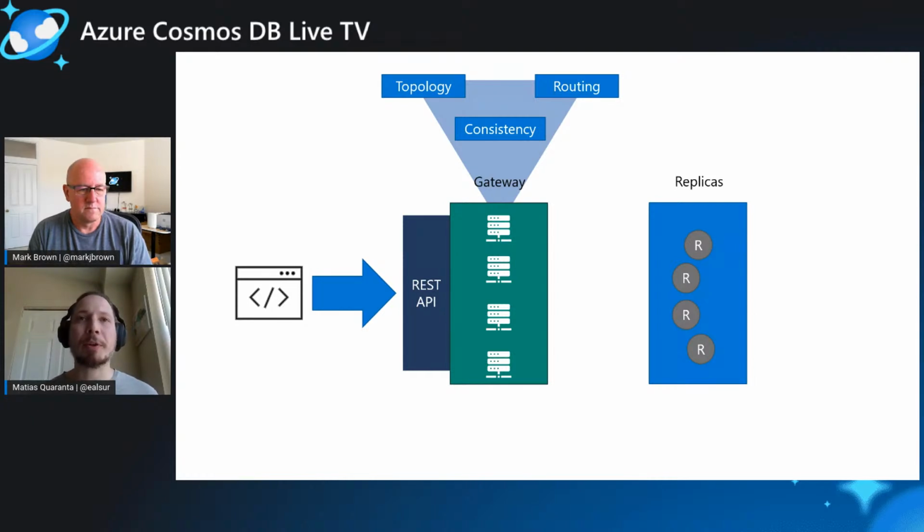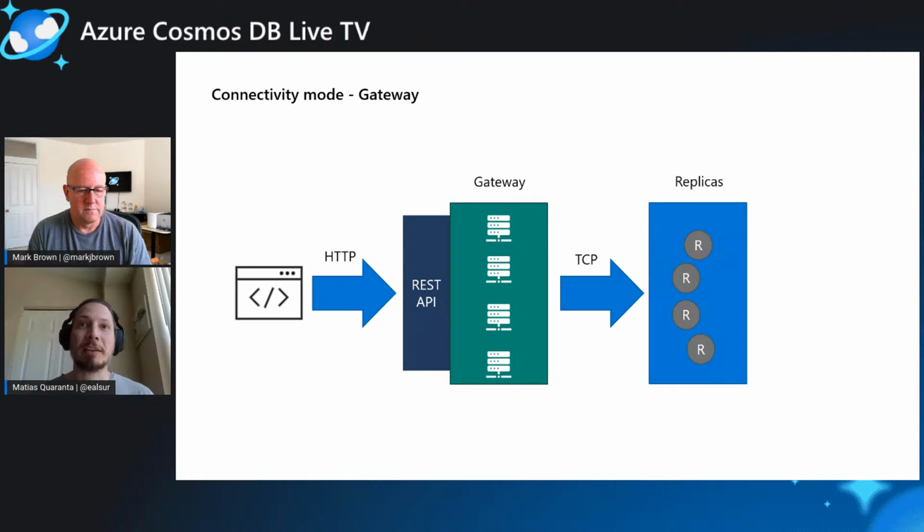It lets you do operations that we define as management plane, which is creating a database or creating a collection. And it also enables you to do data plane operations, like creating a document, when you interact through the REST API endpoint.